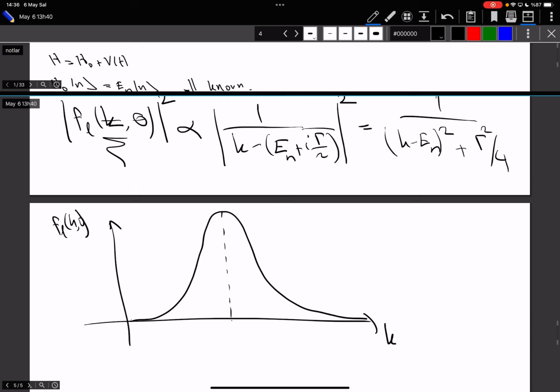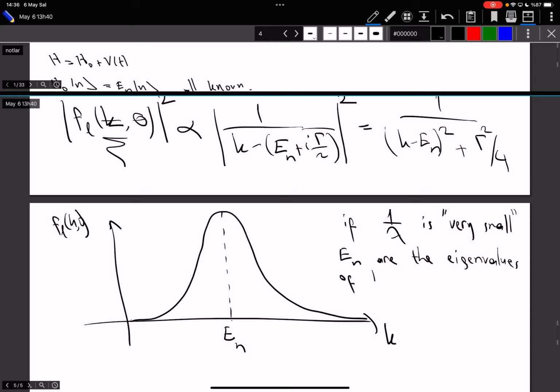Now, if you look at this maximum value, E_n. Now, if 1 over lambda is very small, whatever that means, E_n are the eigenvalues of bound solutions inside the shell.